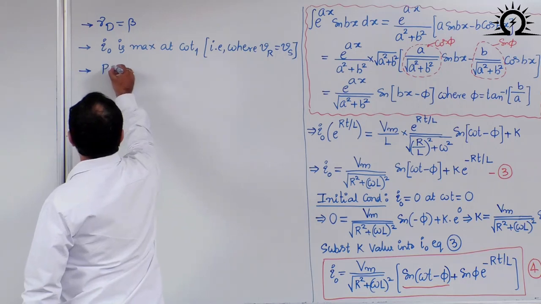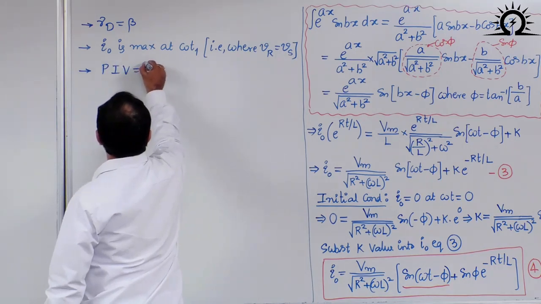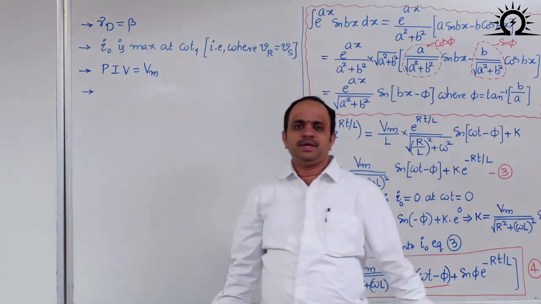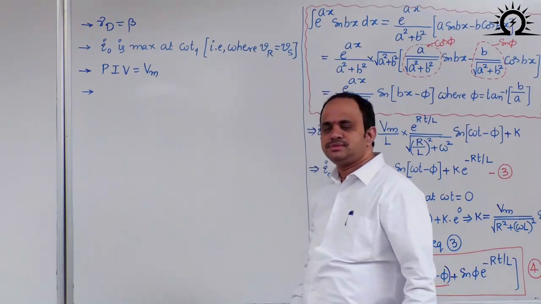Next, peak inverse voltage is equal to Vm.